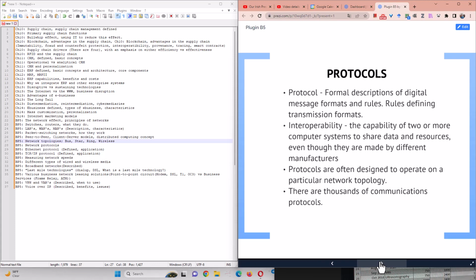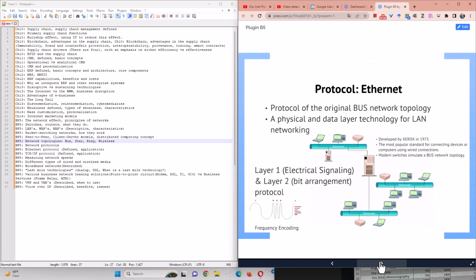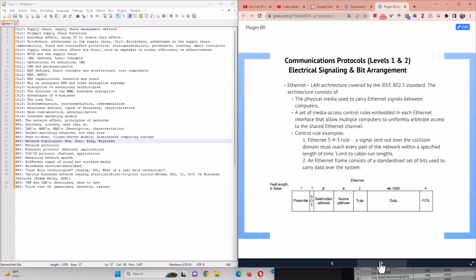So, for example, for the bus network, which was nothing more than a shared circuit, the protocol designed to operate on it is the Ethernet protocol. Ethernet is really about how to arrange data on an electrical line or wire. This is an example of some of the protocol rules.